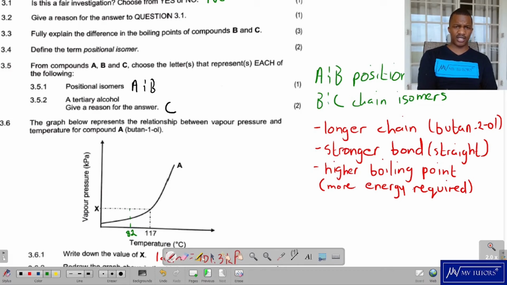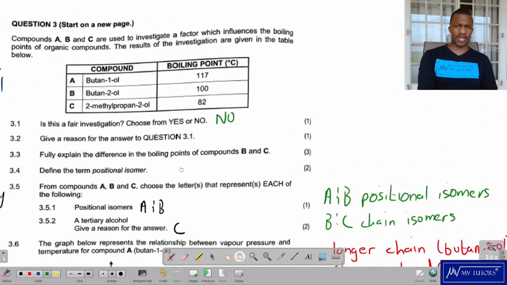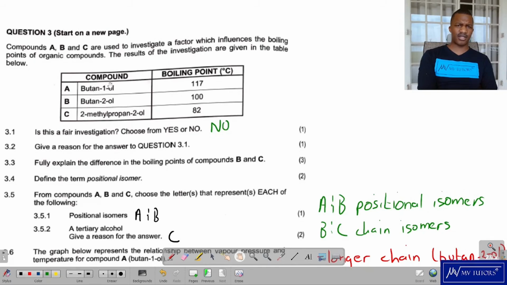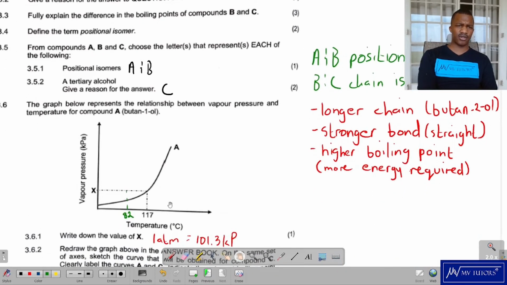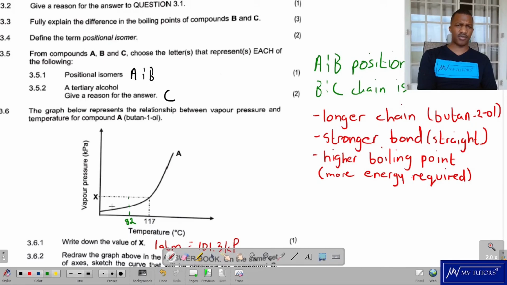Let's go look at the table here. This one is stronger than that, so a higher boiling point. So it also means the graph actually will be above. So we'll draw our graph above that. It's gonna be the same as A, but it will be above A. That's C over there. That's the graph of C.